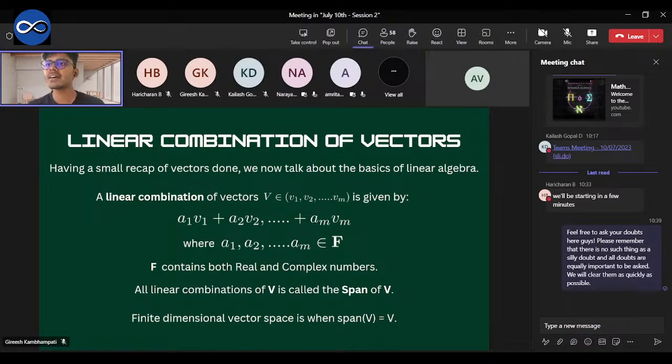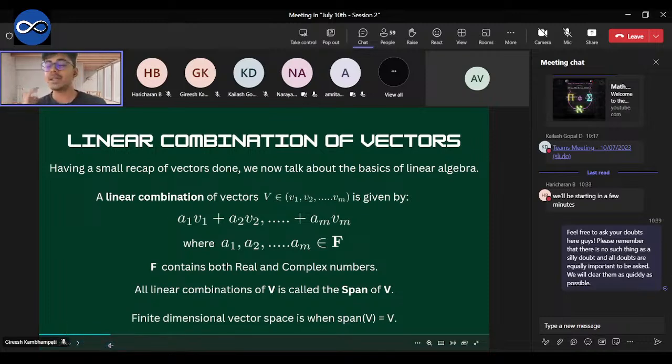For example, if I take real numbers, if I take 1 and 2, if I add 1 and 2, I'll get 3, which does belong to the real numbers. If I take the subtraction, it'll give me -1, so it belongs to the real numbers. Again, multiplication and division, they belong to the real numbers as well. So you get the point. So that is the definition of a field.